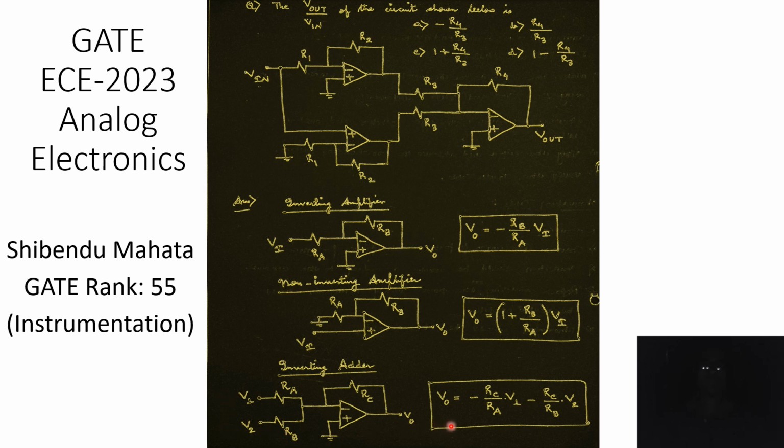The output voltage is equal to negative of RC divided by RA multiplied by V1, and negative of RC divided by RB multiplied by V2. Note that this inversion is because the input is applied to the negative input terminals, so the output will be of opposite polarity to the input.